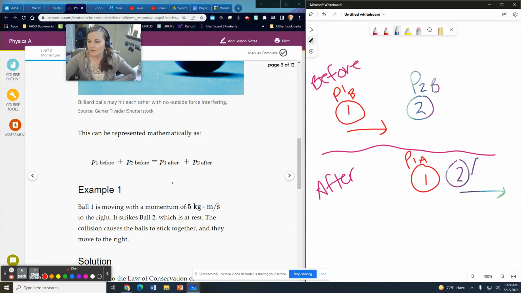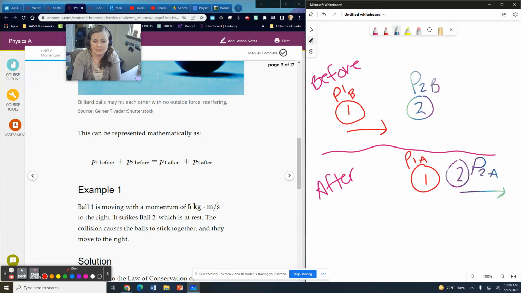And then we'll have the momentum of ball two after, which is P2 after. Okay, so what they're saying is that in a closed system, the momentum of both objects before collision is the same as the momentum of both objects after the collision. While the momentum of each object individually changes, the momentum of the sum of the two does not.